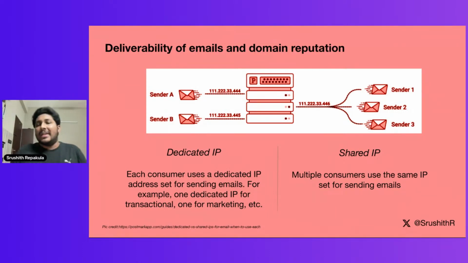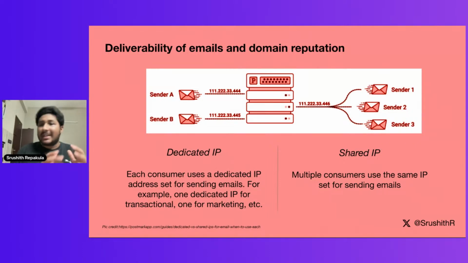So what is the problem with this? The problem is that if you send emails that are spammy or junk, it can impact the emails that I am sending, because both of our emails are being sent from the shared IP address. So how did we overcome this? Almost all email providers out there, including Amazon's SES, have a feature called the dedicated IP.